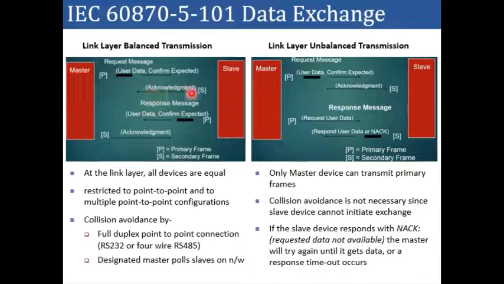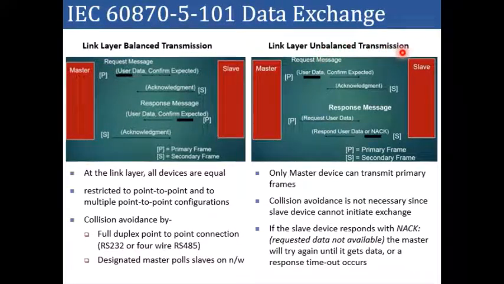After sending the acknowledgement, since it is a balanced transmission, the slave can also initiate the data transmission. After the acknowledgement, it will start sending the response message, which can be in the form of the user data or any confirmation which was expected from the slave device. And when the master receives the information, it will send the acknowledgement frame back to the slave.